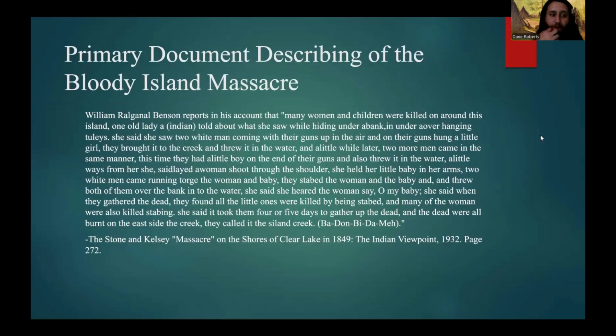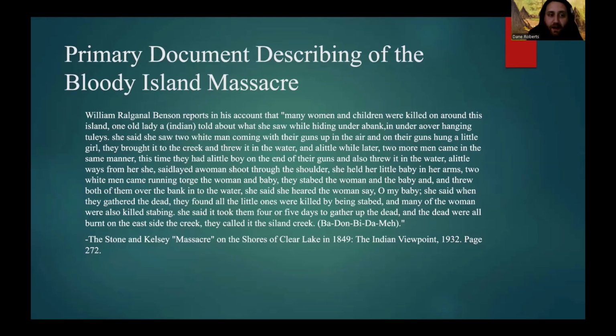And there are multiple primary documents describing the Bloody Island Massacre, with one example coming from William Ralganal Benson, who reports in his account that, quote, many women and children were killed on around this island.